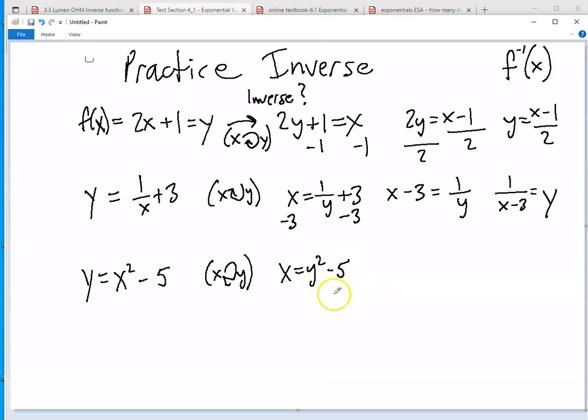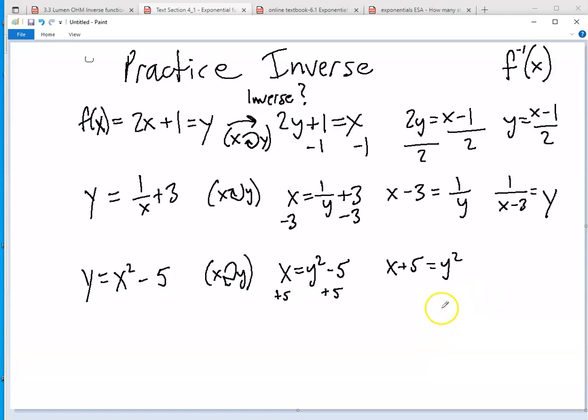Just like we did before, you have to get rid of your added things before you can do anything else to solve it. So let's add 5 to both sides. So now we get x plus 5 equals y squared. And how do you get y alone?